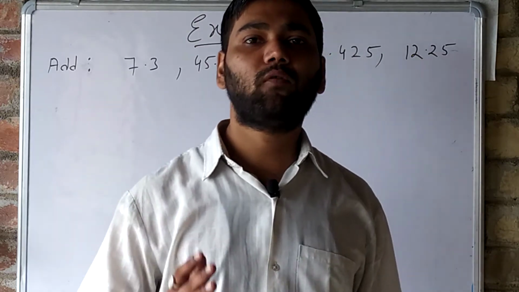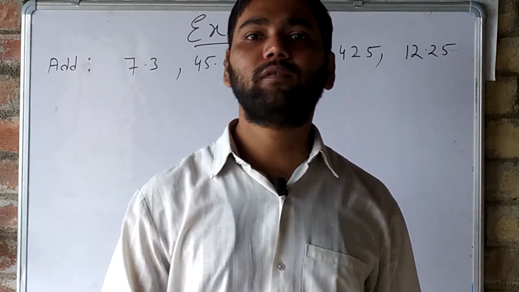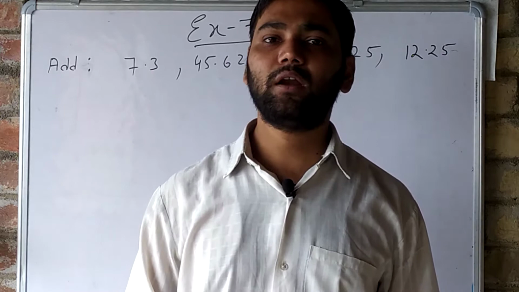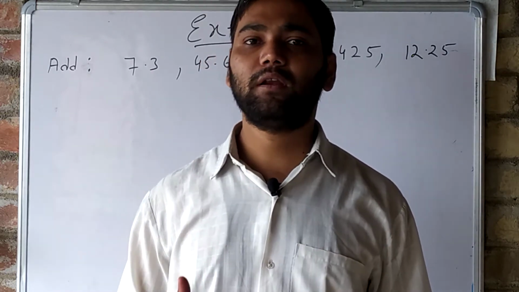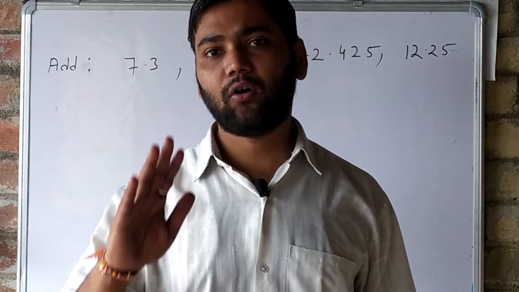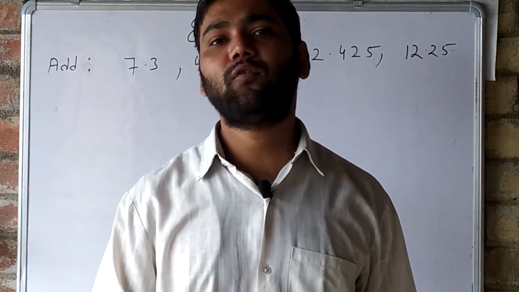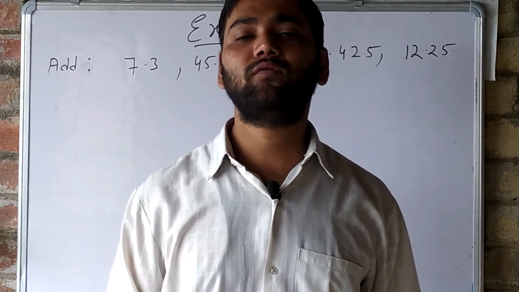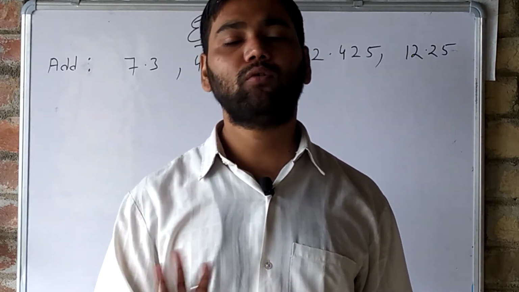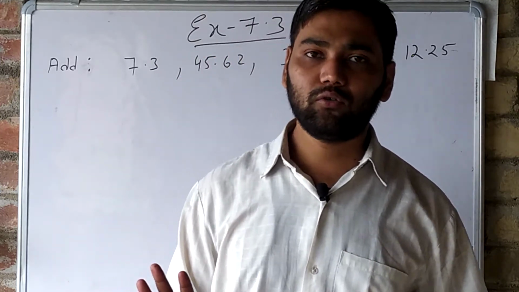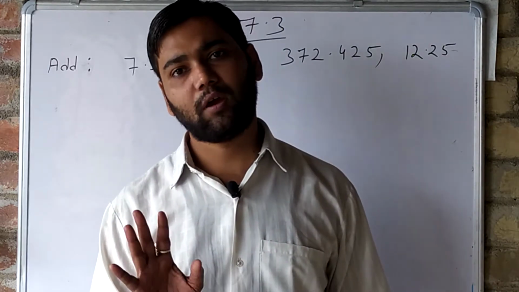So mostly what we have to try is to make the denominator in terms of 10, or denominations of 10. That will be easier for us to solve. Otherwise we have to divide. There is no other way to solve the question, only divide.